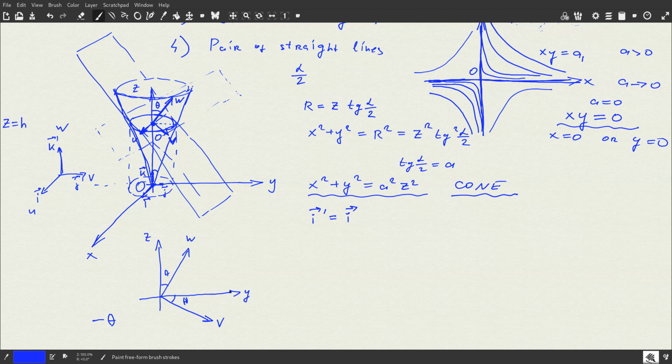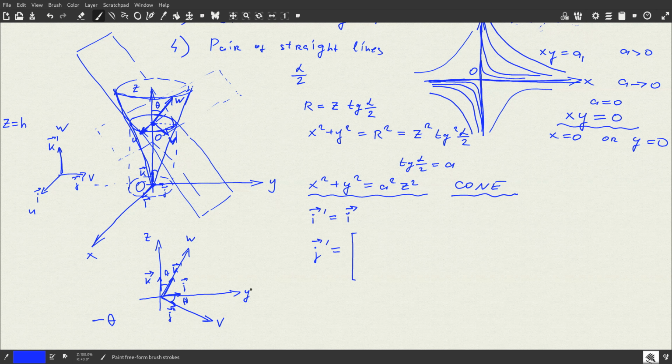In that case, so this is obviously j prime, this is k prime, this is j, this is k. So from this, it is easy to see that our vector j prime, what are its projections?